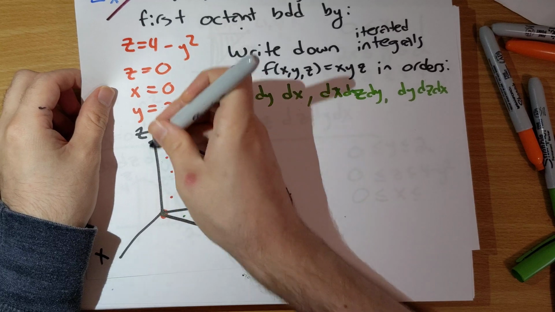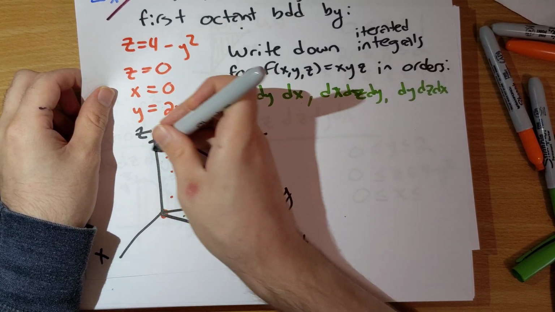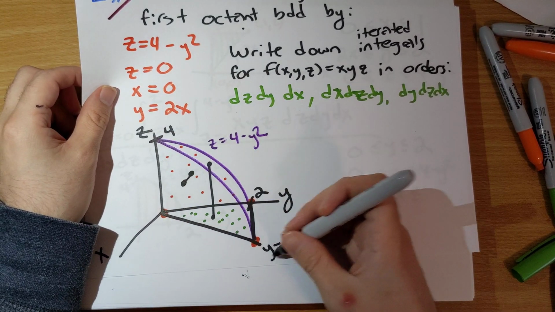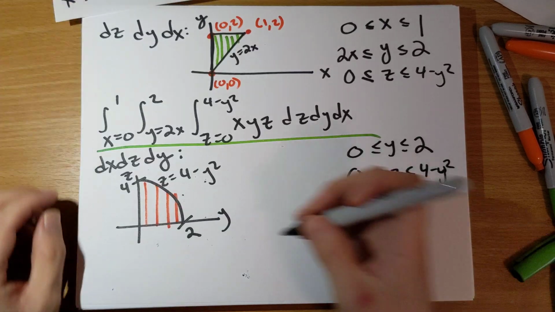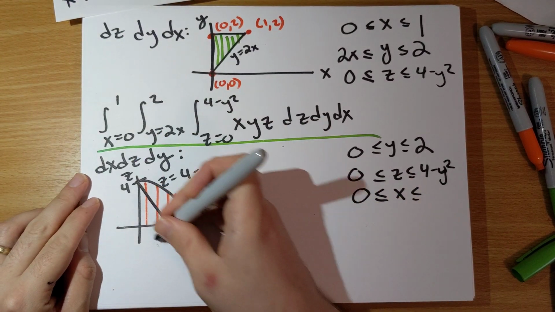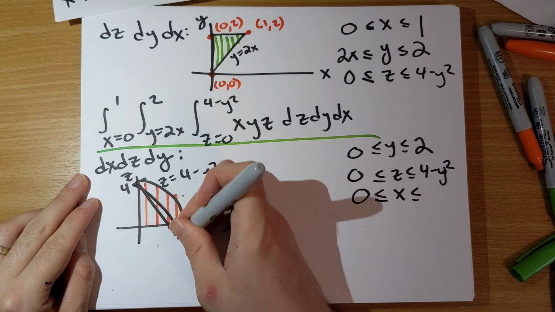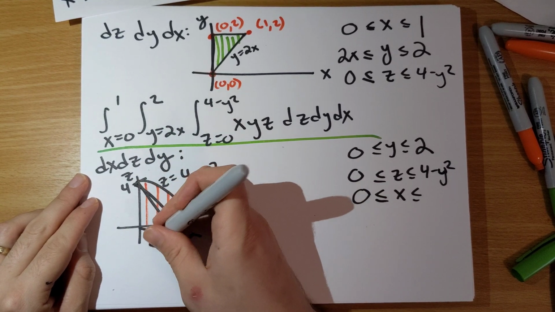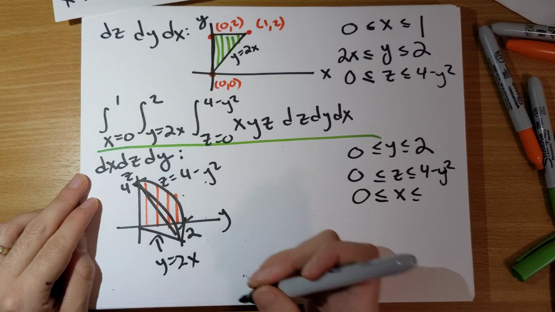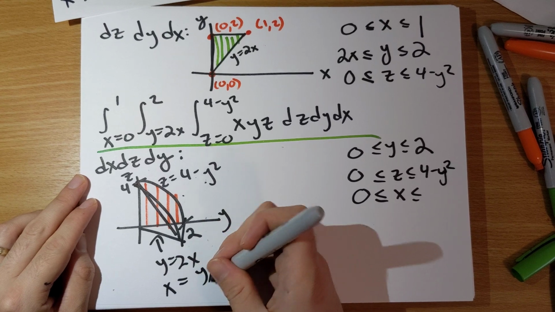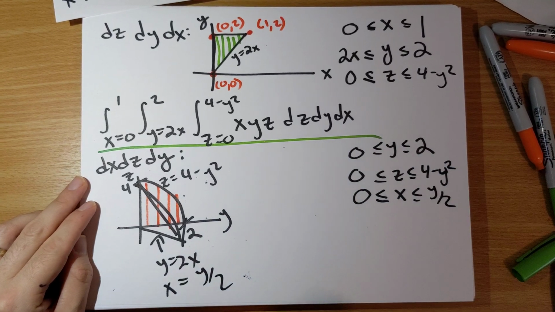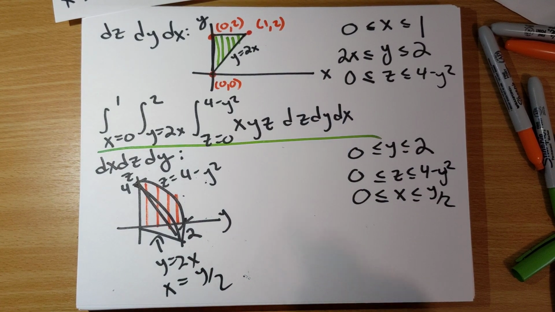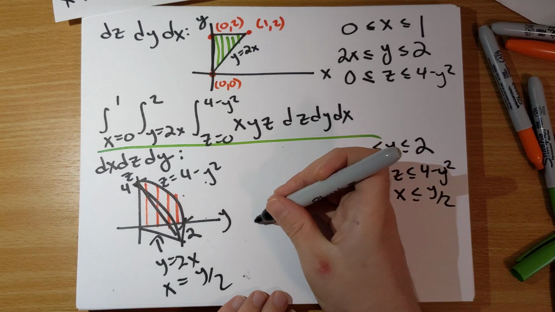This point is in this plane, and this plane is corresponding to y is equal to 2x. So right here, this is y is equal to 2x, or x is equal to y over 2. That's going to provide us with our upper bound on x.